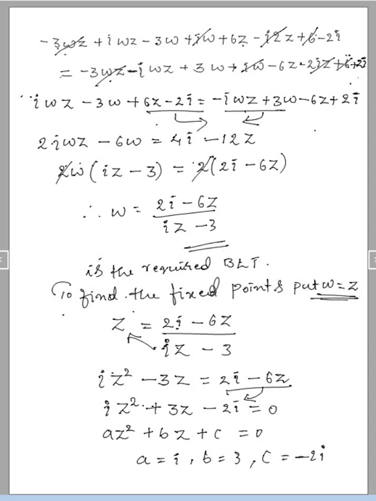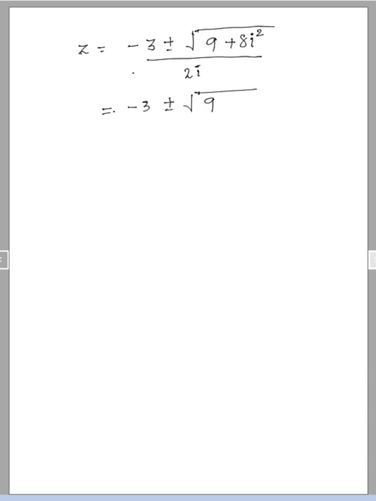Now use Sridhara's formula. So you are going to get Z equal to minus 3 plus or minus square root of 3 square, that is 9, minus 4ac, that becomes plus 8 I square, all divided by 2a, 2 into I. So which is equal to minus 3 plus or minus square root of 9 minus 8, since I square value is minus 1, all divided by 2I.